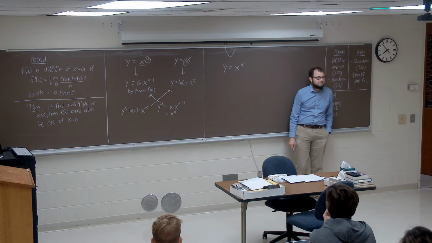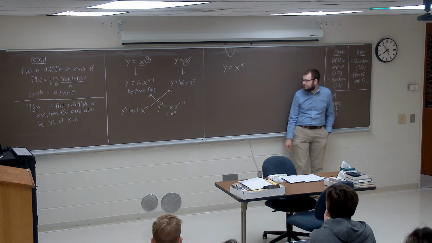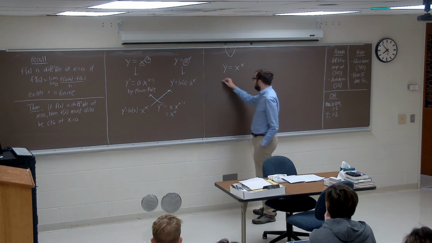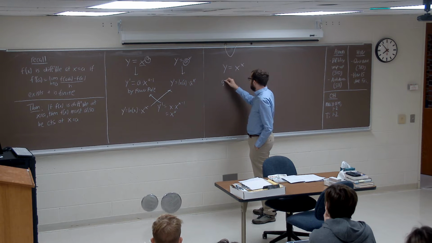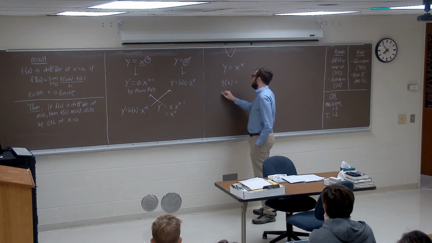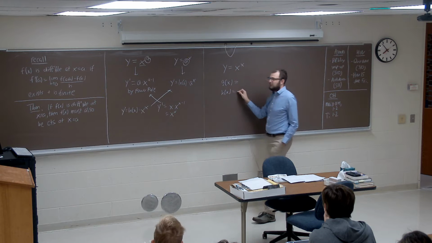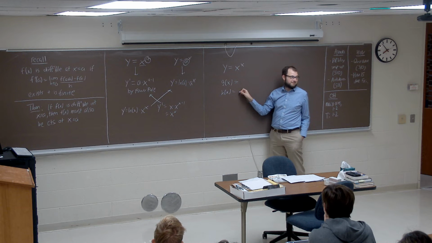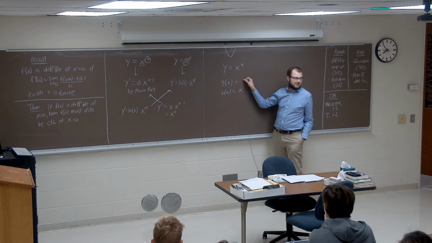Chain rule, cool. What's our inside function? X, the base x. And then our exponential x is our first. Okay, if g of x is our outer function and h of x is our inner function, tell me what I should write for h of x. H of x is the inside, so x. And what's g of x?